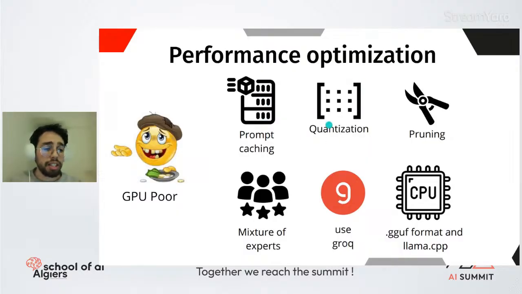You can quantize your LLMs, which basically means the LLM is loaded in your GPU, in your memory. By this, we mean the weights are loaded in the memory, and each weight, each parameter, is a float.